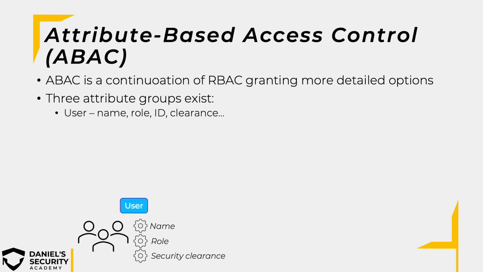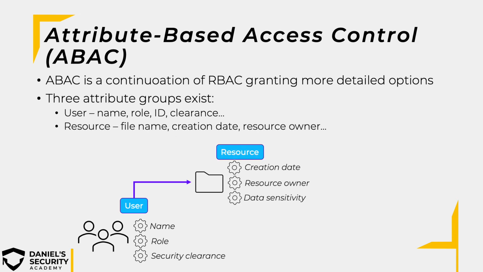The first one is around the user, where you could use name, role, security clearance, IDs, and such information. Then you also have the resource: which resource is the user trying to access, what's the creation date, file name, who's the resource owner, what kind of data sensitivity classification do we have for this one, like secret data or confidential data.